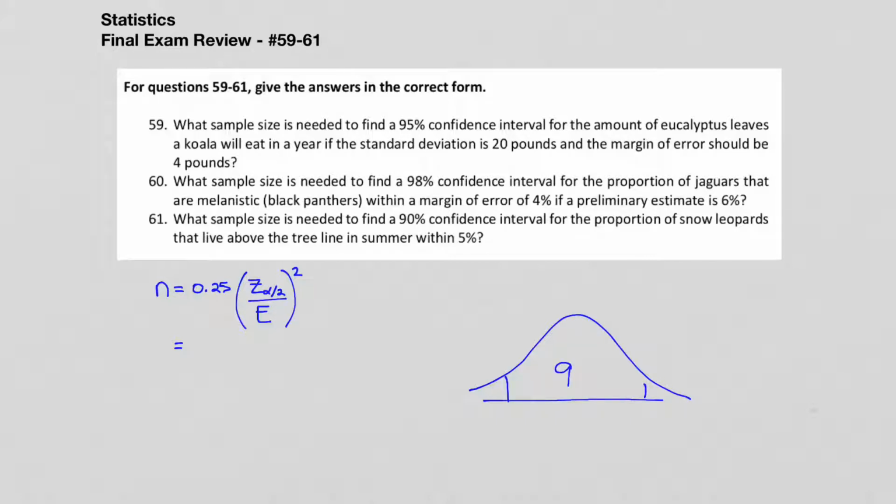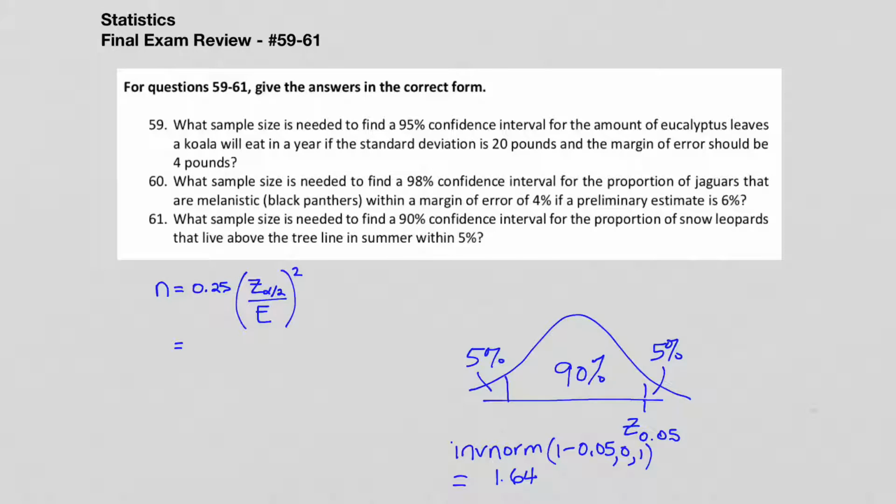So again, I'm going to figure out my z value first, and we are working with a 90% confidence interval here. So draw my distribution, 90% in the middle, which means 10% left over, and that's 5% in each tail. So the z value we're looking for is z sub 0.05. And we'll find that by doing inverse norm of 1 minus 0.05, 0, 1. And this will give me 1.64.